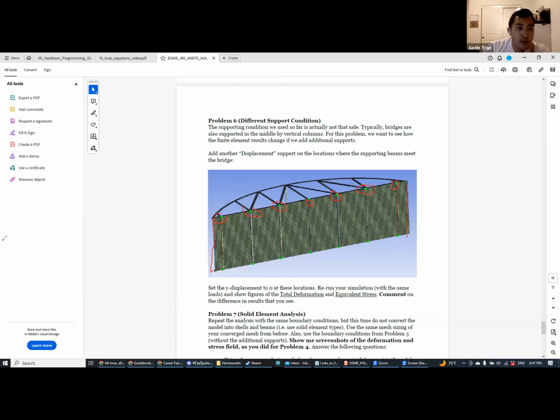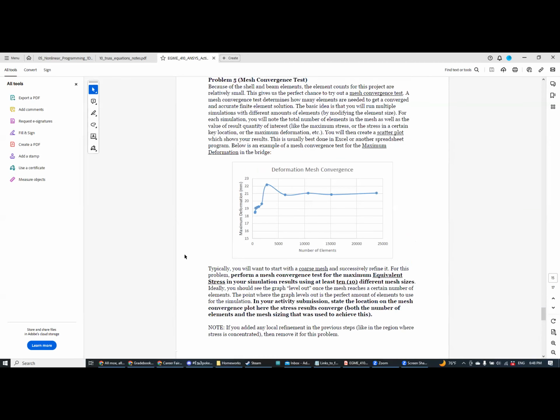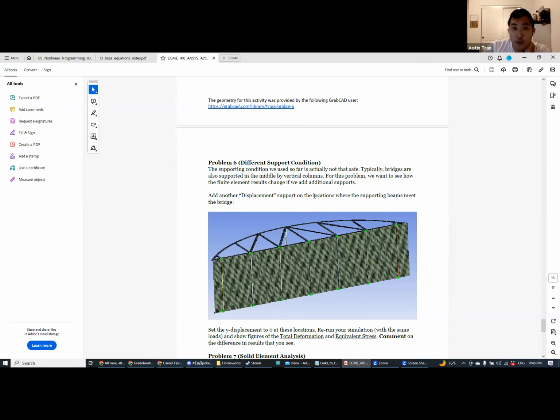Okay. It has to match with problem 5, which I made individually with the changeable mesh. Because problem 5 has many iterations, problem 6 only needs one, right? Yes, so for problem 6, you only need to do it once.